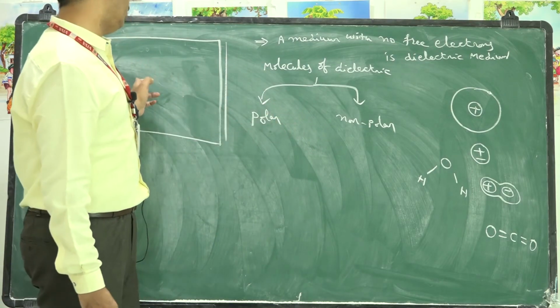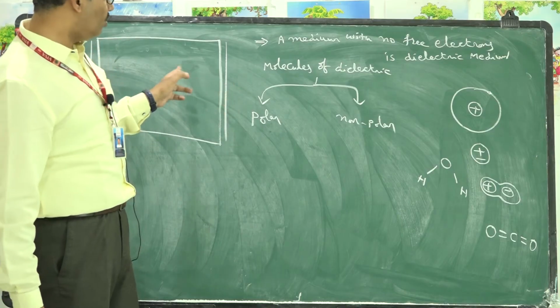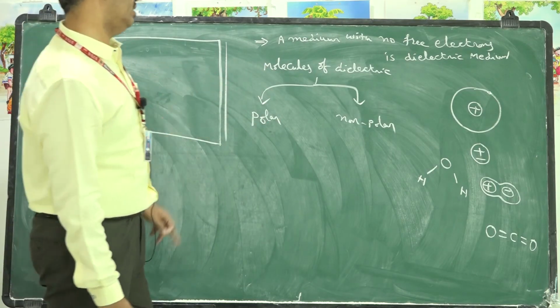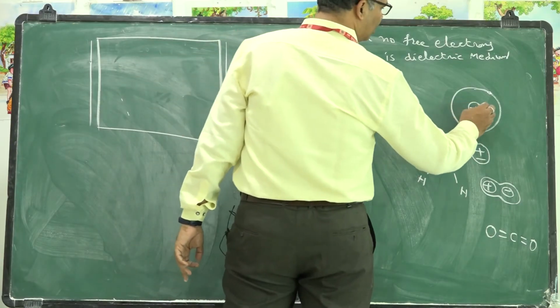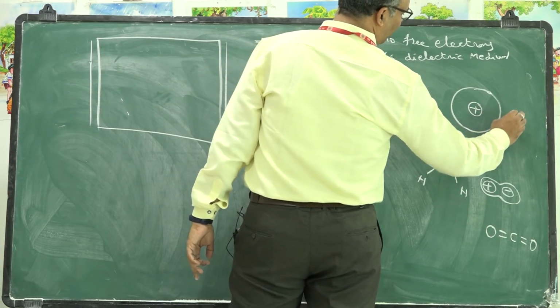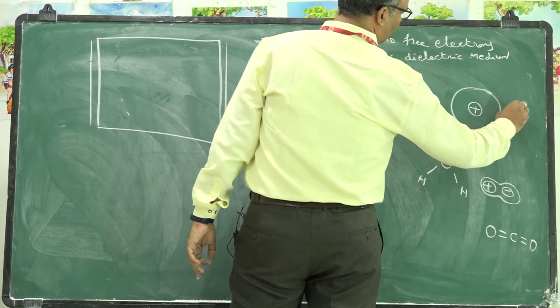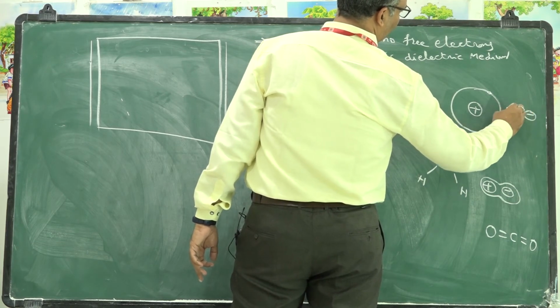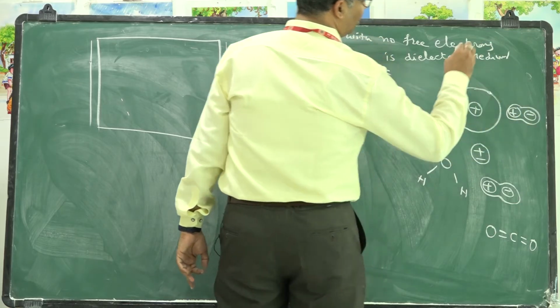Whatever it is, if you keep this molecular dielectric in presence of field, the external field makes the positive charged center and the negative charged center separated by certain distance.